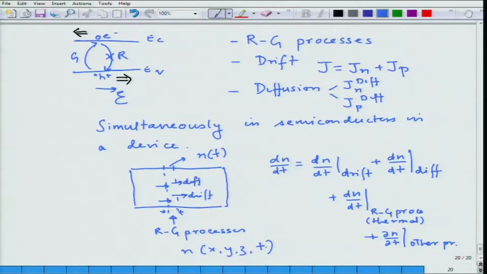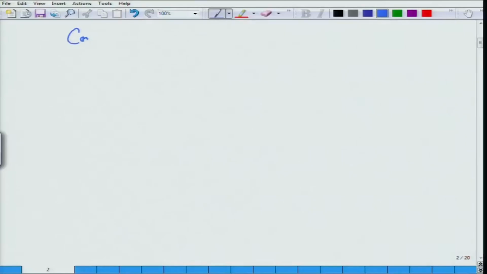So, now if we look at it and try to figure out what this equation means, let me look at it in terms of overall continuity. This equation is basically a continuity equation, very similar to what we have in mass and heat continuity equations.